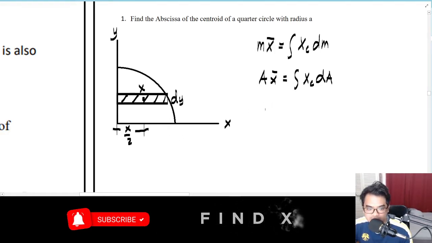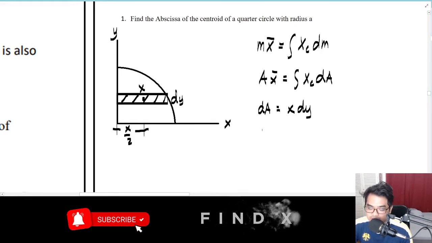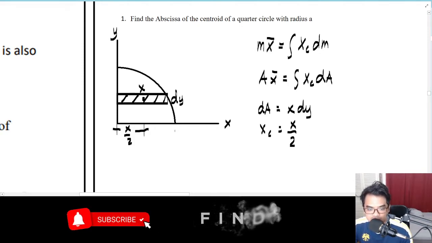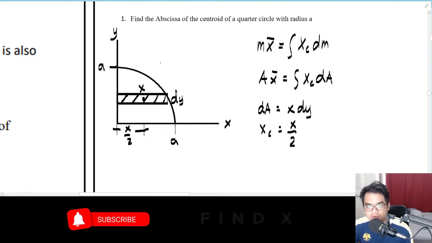To get the dA, since that is a rectangular strip, that is just x dy. And your xc is simply x over 2. Since the radius is a, from here that will be a. Remember that a quarter circle is just 1/4 of a whole circle.